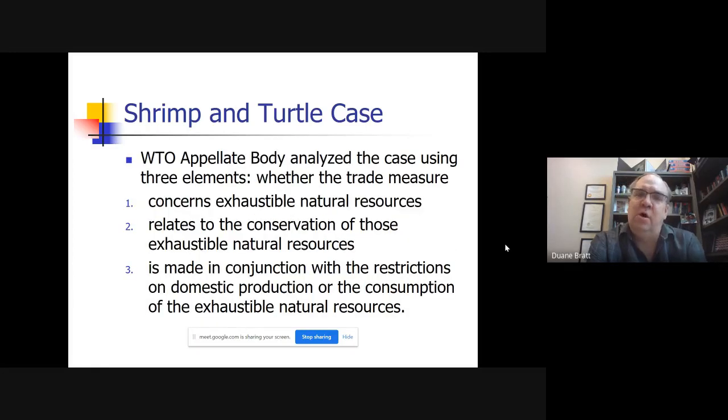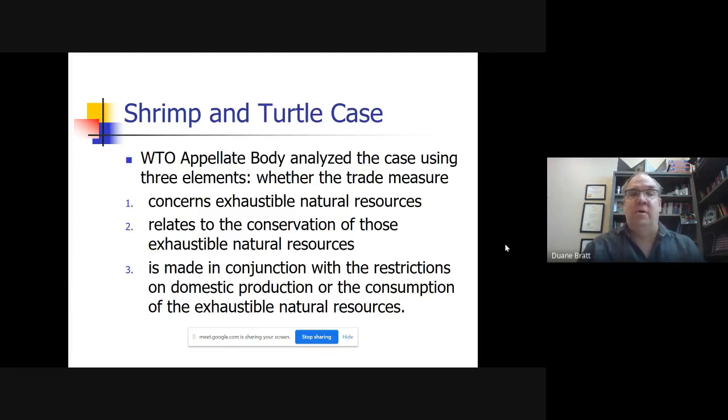But the WTO appellate body looked at this case in a very different way. It developed a test to determine whether the trade measure, one, concerned exhaustible natural resources, and in this case, endangered sea turtles would matter. Two, was it related to the conservation of those exhaustible natural resources?